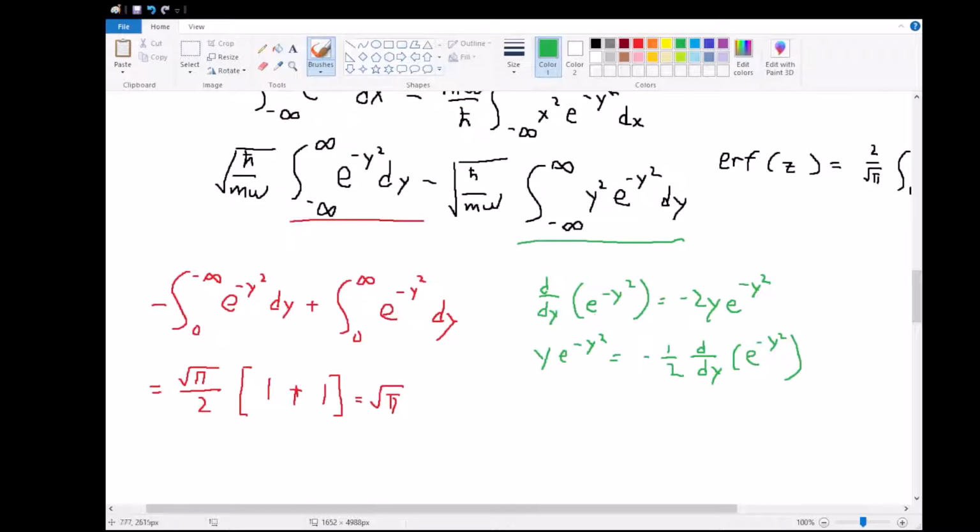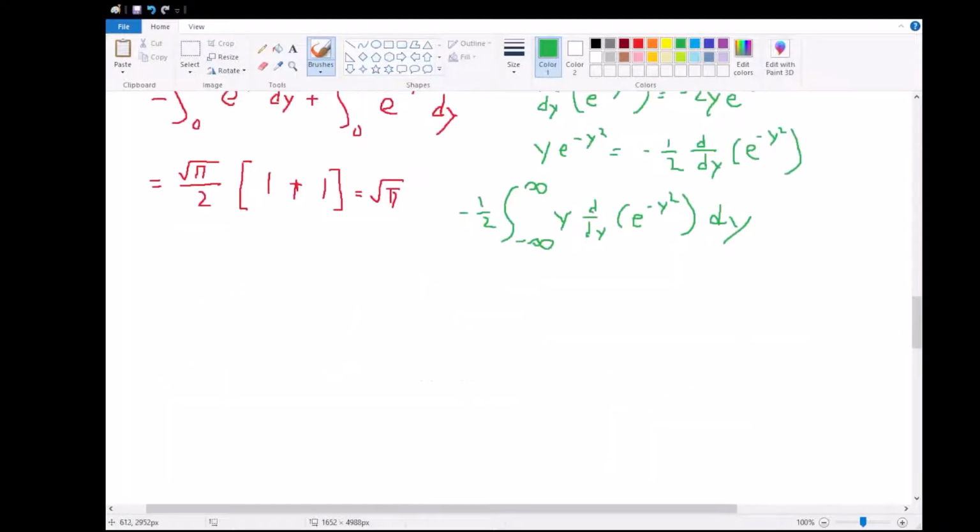We plug this all in, so this is going to be an integral from negative infinity to positive infinity of y multiplied by negative 1/2 at the front times d by dy of e to the negative y squared.